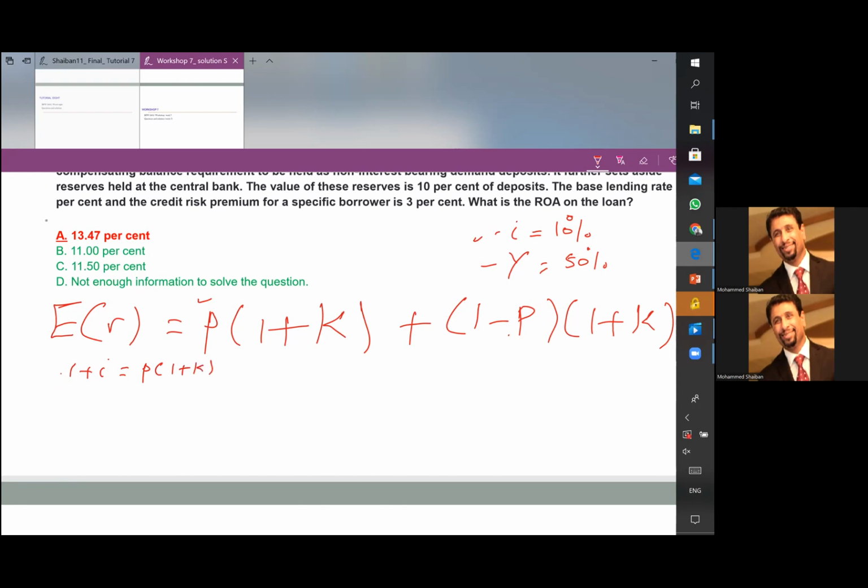Taking this information, if this is 1 plus I, the probability of payment, and I solve for it, it's 1 plus I over 1 plus K. I know the K is 0.1347, and I know this is 1 and this is 1, and I know this is 10%.